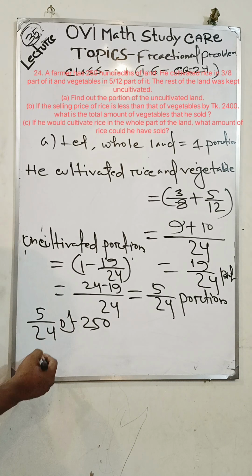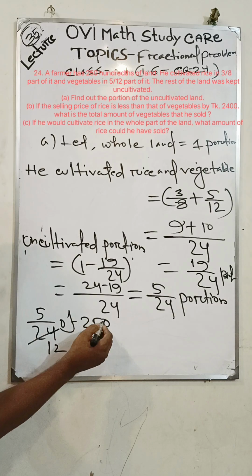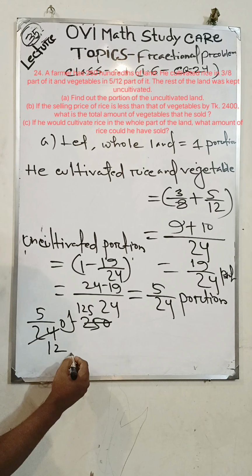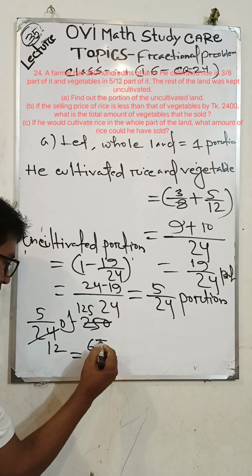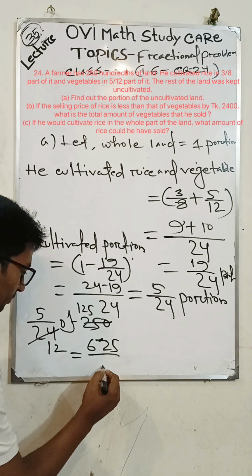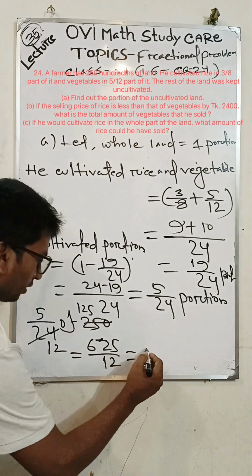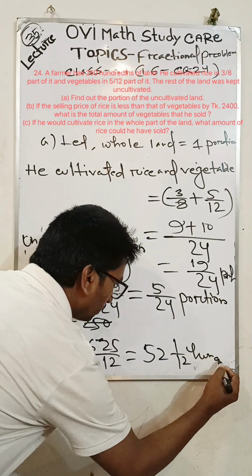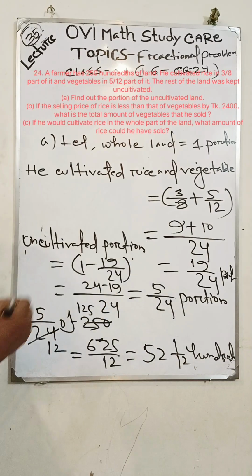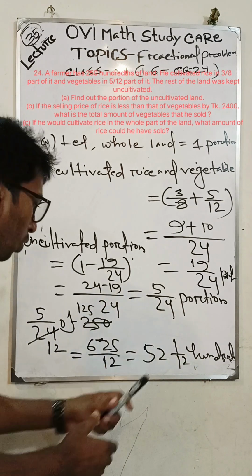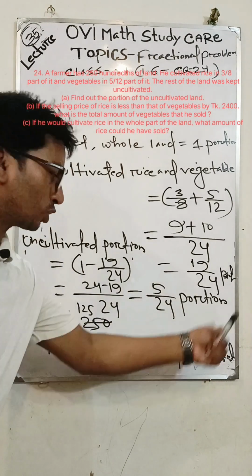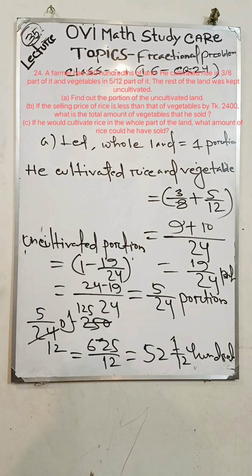If we cut, 24 becomes 12, 250 becomes 125, so it becomes 625 by 12. The answer will be 52 whole 1 by 12 hundredths of uncultivated land.